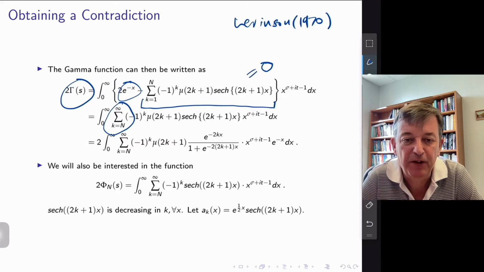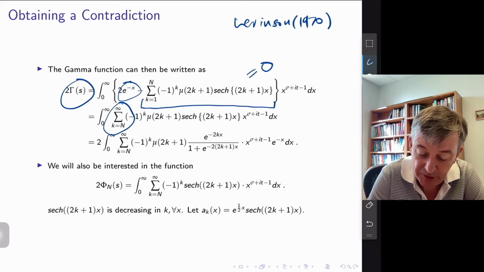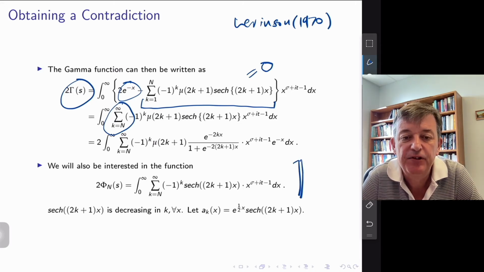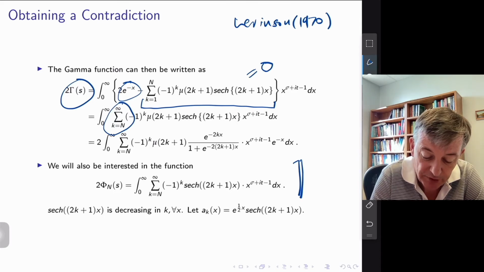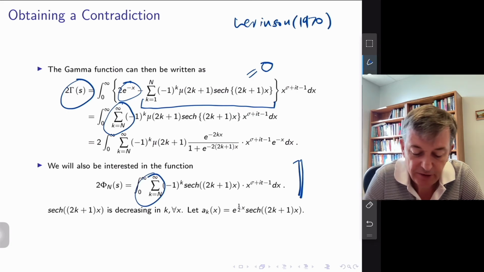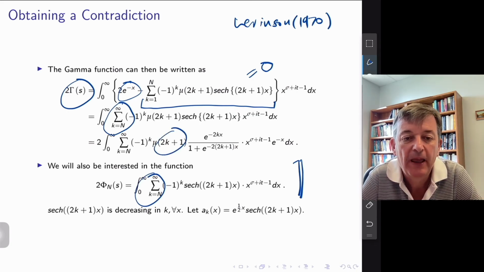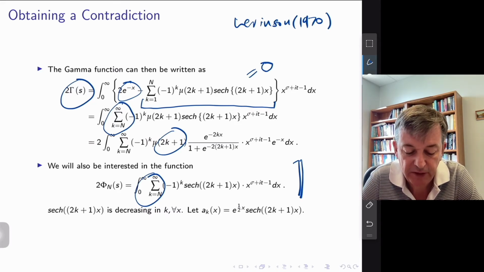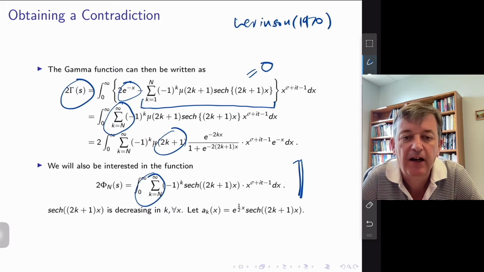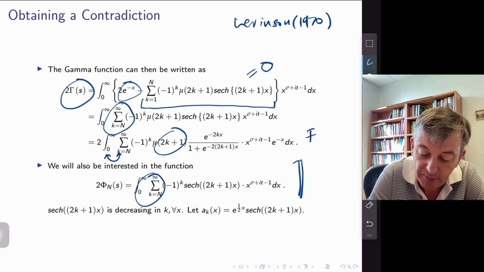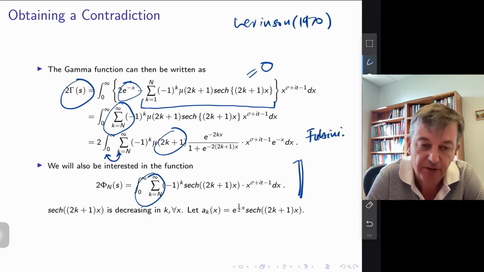If I do a bunch of simple algebra, what we're interested in is this integral here. Of course, the difficulty will be that the difference between these two is that one has the Mobius function and one does not. It'll be easy to understand our function phi sub n, but slightly harder to understand the bit with the Mobius function, because I want to be able to do a Fubini type interchange of sum and integral.